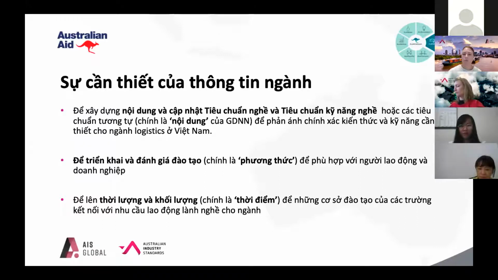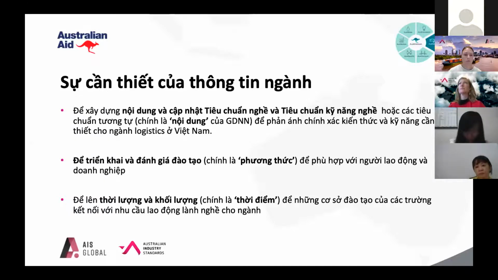It's particularly important as well to appreciate that industry intelligence is our main driver of the delivery and assessment of training. This is how we understand what it is that we need to develop as training packages. It gives us insights into the skills needs that are emerging at the enterprise level.